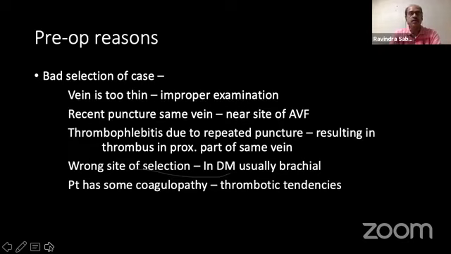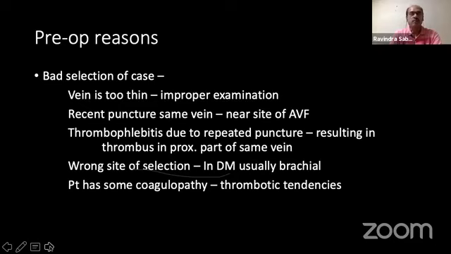Measuring or understanding the caliber of the vein. That's why I said what should be the caliber of the vein, what should be the caliber after tourniquet in the vascular anatomy, and that's a very important thing. Again, when you are examining, see if there are any recent punctures of the same vein or not, especially near the AV fistula site. Now, these are the preoperative reasons why the fistula can fail.